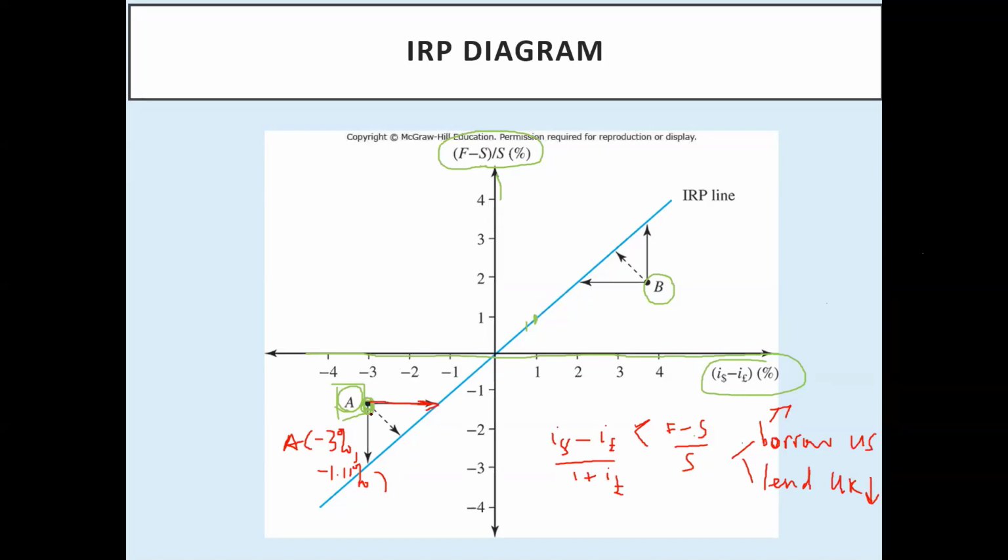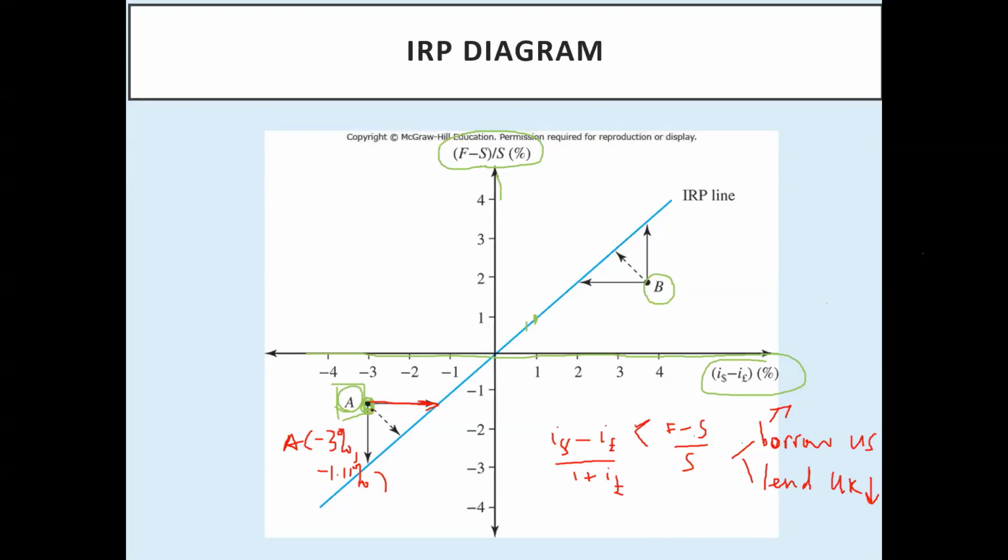At the same time, if we think about the effect on the exchange rates, when people arbitrage in this case, when they borrow in the US and lend in the UK, what do they do with the exchange rates? They'll be selling the pounds forward, okay?